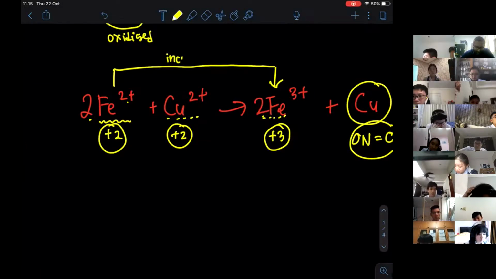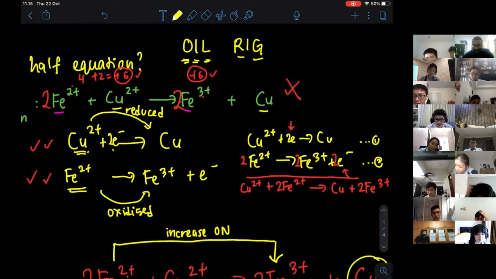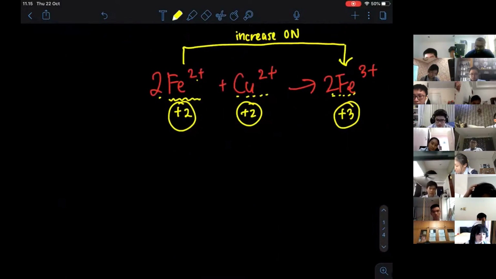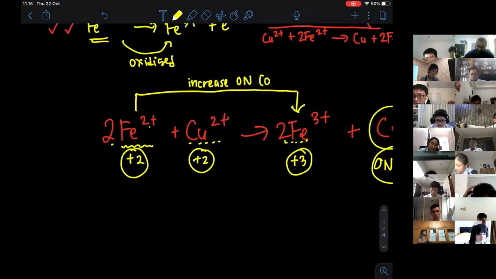So if it is an increase in oxidation number, is it oxidation or reduction? Oxidation. So increase is oxidation. To be exact, what is being oxidized here? Fe2 plus is being oxidized to become Fe3 plus.